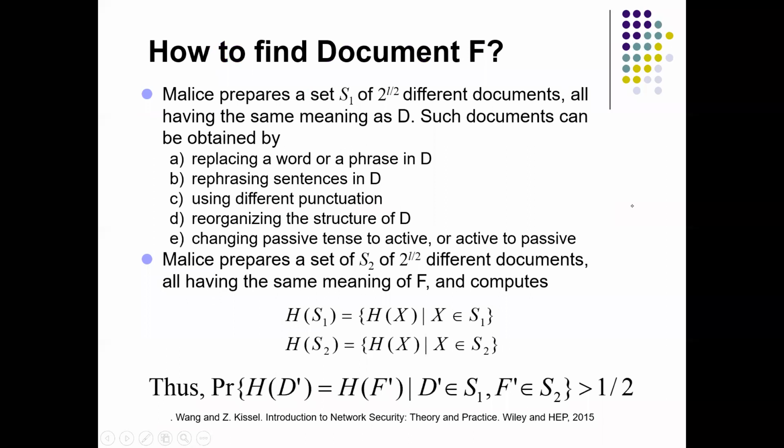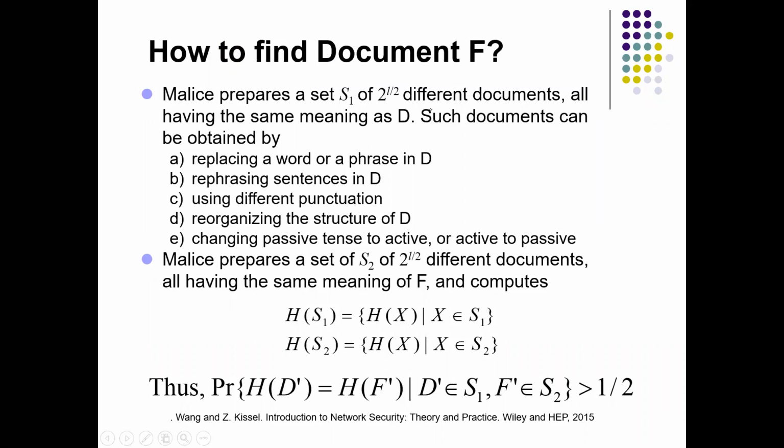So how to find document F? This is how Malice would do it. She prepares a set S1 of 2 to the L over 2 many different documents, all having the same meaning as D. Now remember this small l is the length of the output of this hash function.